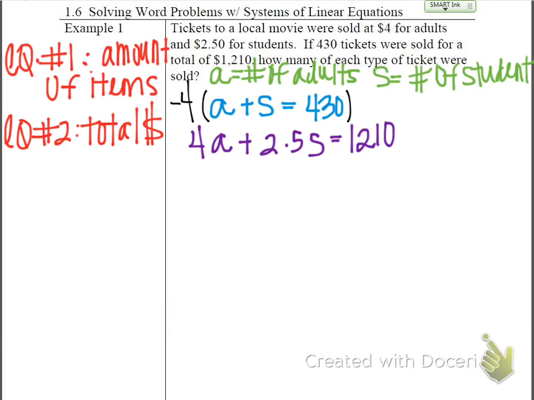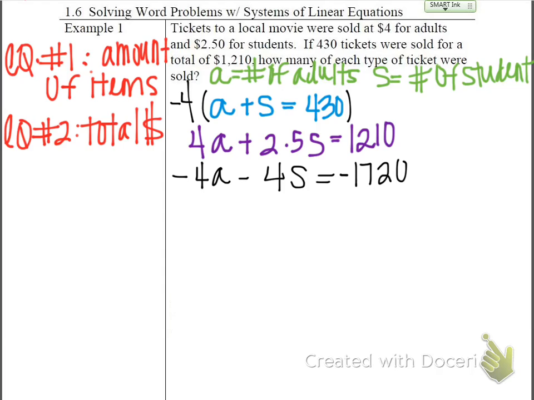And that's going to give me -4A minus 4S equals negative 4 times 430, which is negative 1,720. I know what I'm saying.